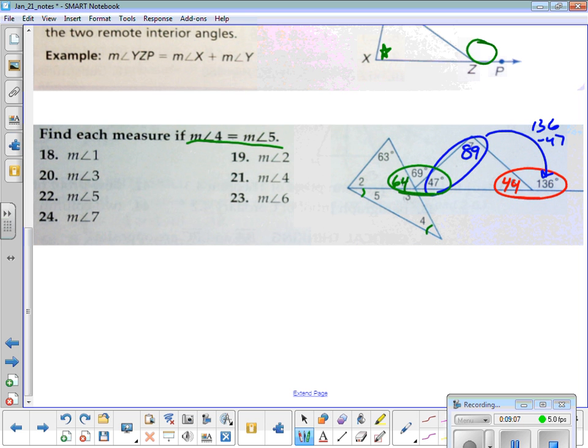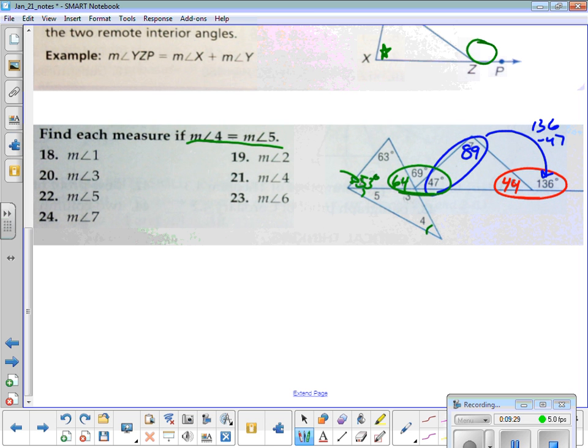So angle 1 is 64 degrees. Now we can use it to figure out what angle 2 is by the triangle. So 63, 64, and something have to equal 180. And that something would be a 53-degree angle. So this is 53 degrees.